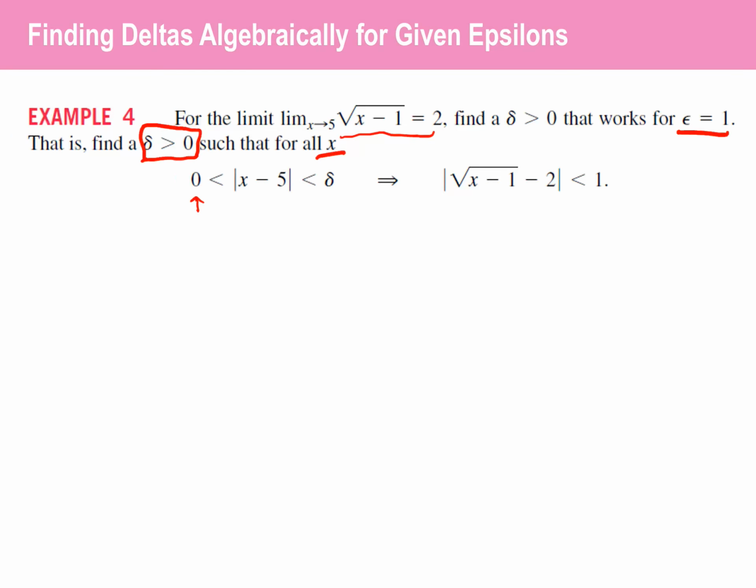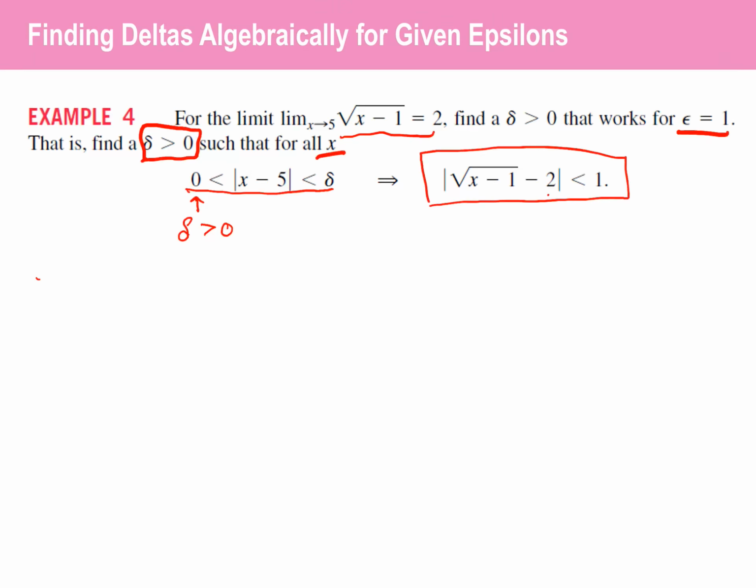It is 0 here because delta must be greater than 0. Having this condition implies that this also holds: modulus square root x minus 1 minus 2 less than 1.